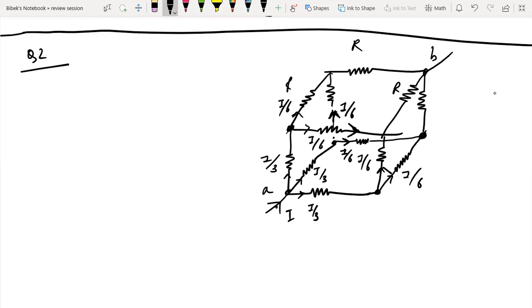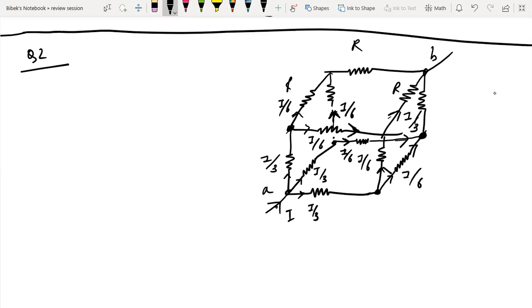So at this point, you have I over 6 coming from here, I over 6 coming from this point, and I over 6 coming from here. Why is it not I over 3? So this has to be I over 3, because I over 6 is coming from here and I over 6 from here.